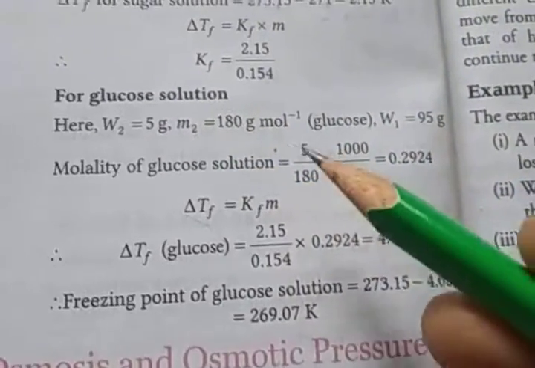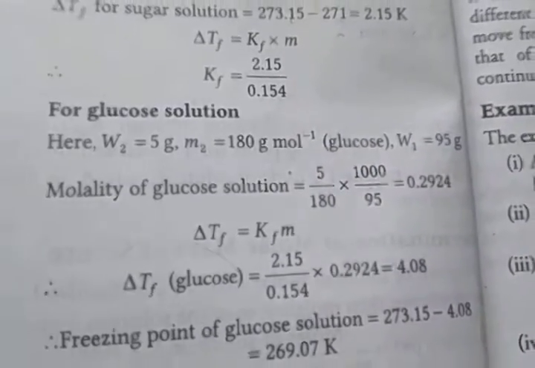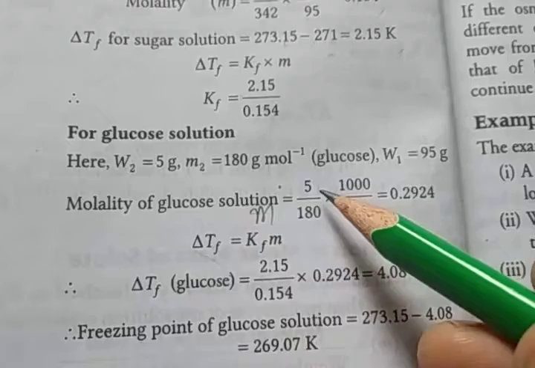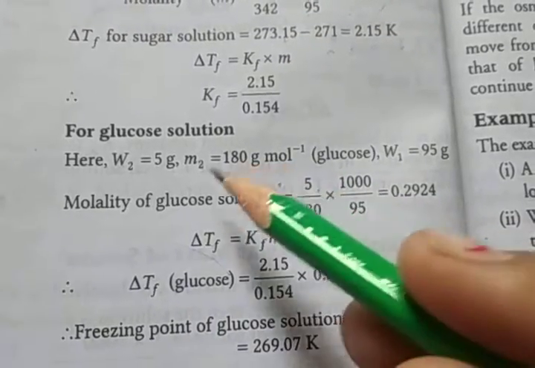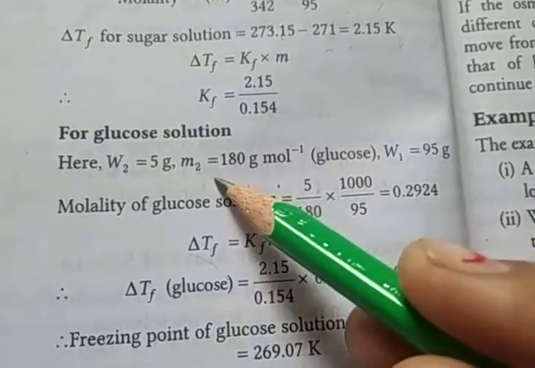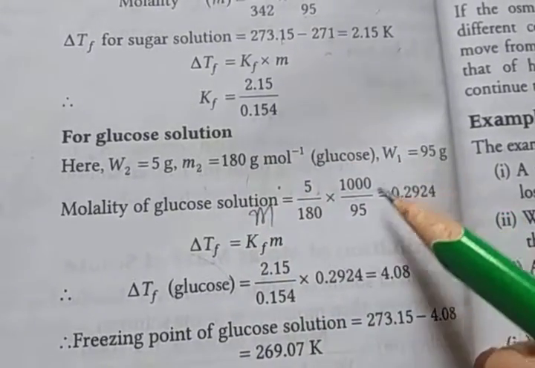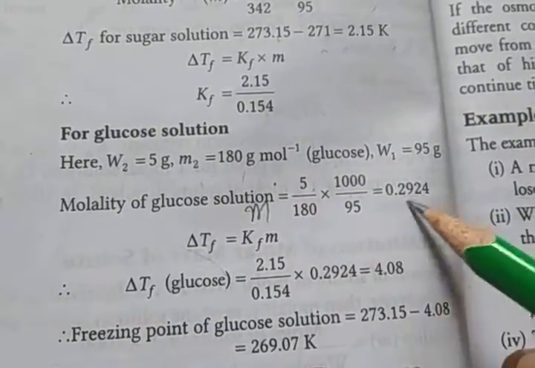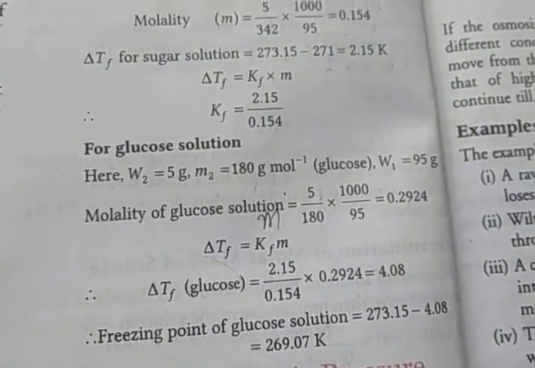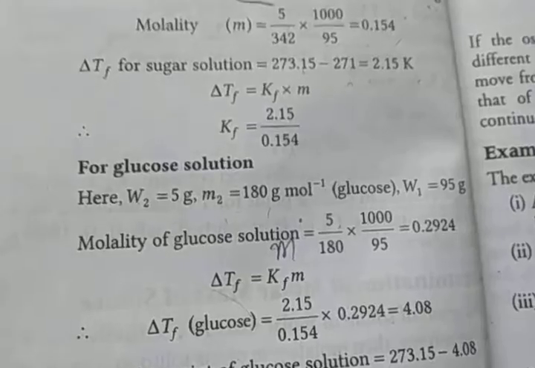Similarly, for the glucose solution, the molality small m is equal to W2, 5 gram given, divided by the molar mass of glucose 180 gram, then into 1000 divided by W1, 95 gram, because it is a 5% solution so the remaining is 95 gram.